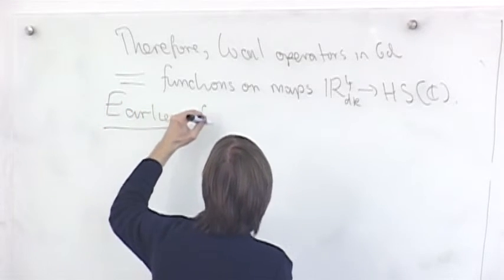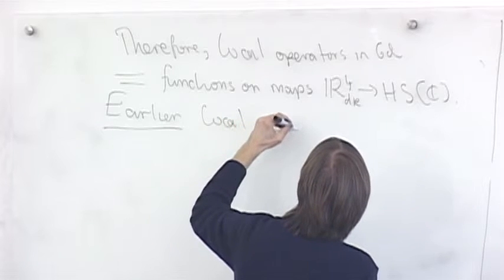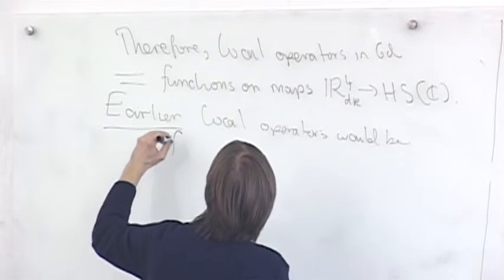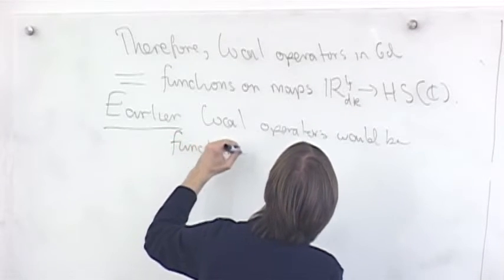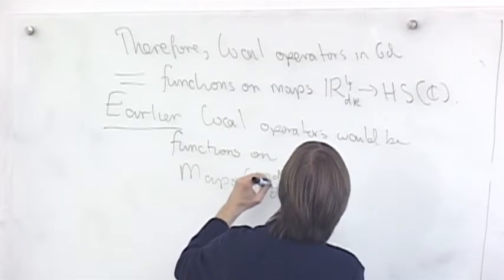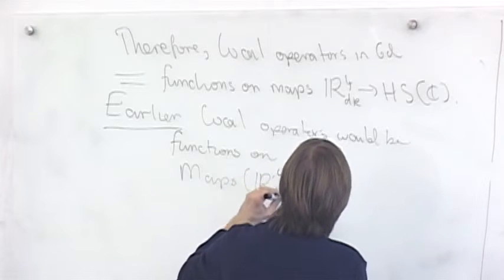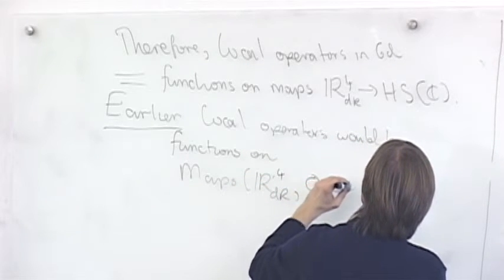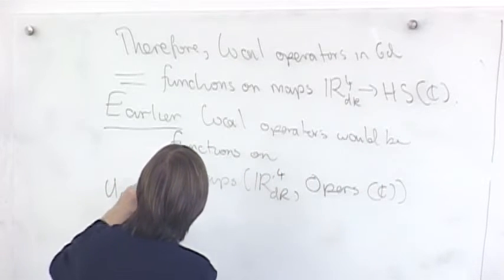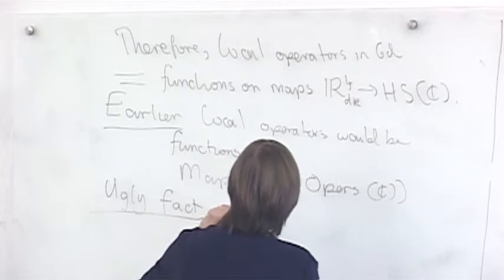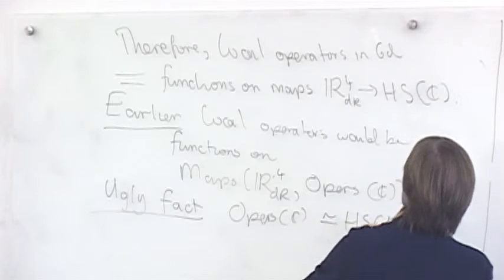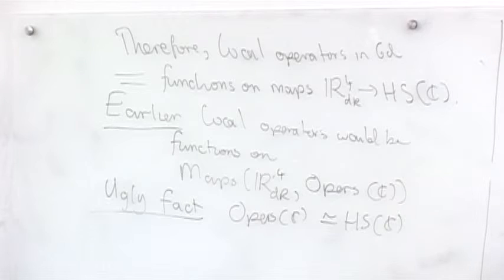I said the local operators, well, a consequence would be functions on maps from R4 to RAM to opers on C. Here's a very ugly fact: opers on C is isomorphic to the Hitchin section on C. It's not canonical, right?